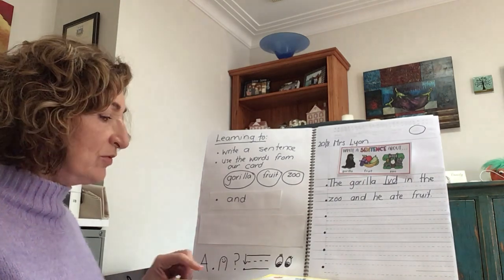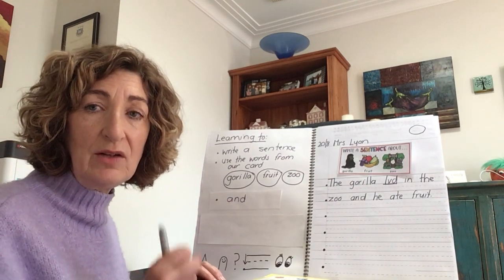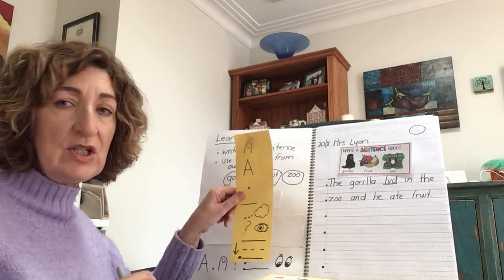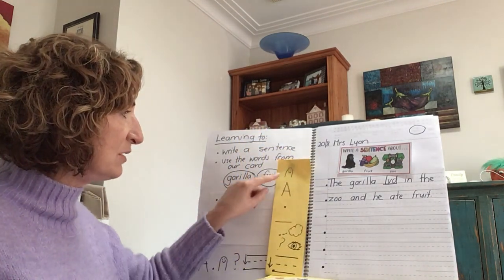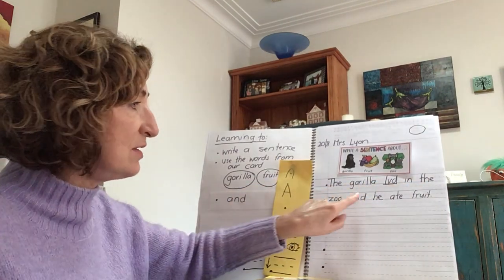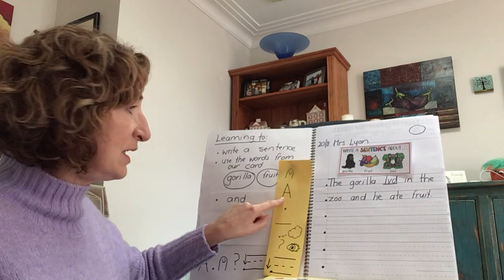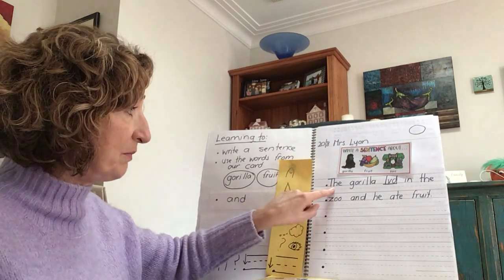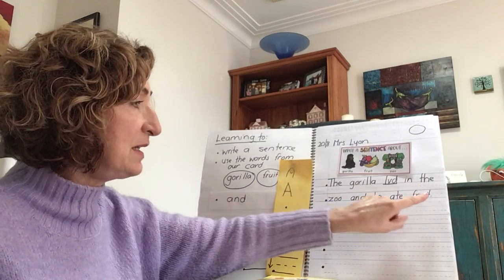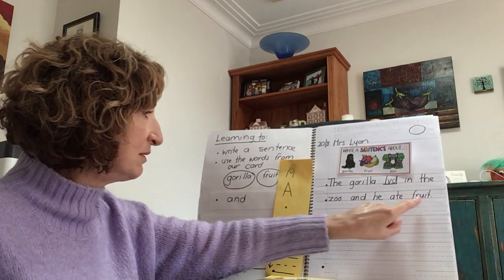Okay. Remember when you're writing, we plan, we write, we edit. So we get our little editing checklist and let's check again. Have I got finger spaces? Oh, I can see those. Can you see them? Did I do a capital letter? Yeah, there's a capital letter at the beginning. Did I do a full stop? Yes, at the end.